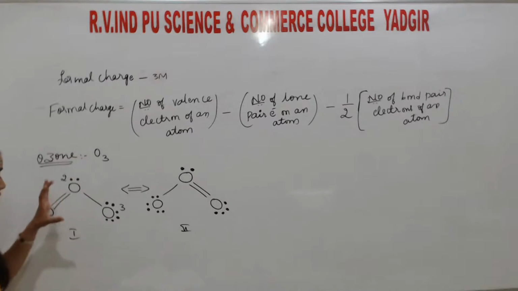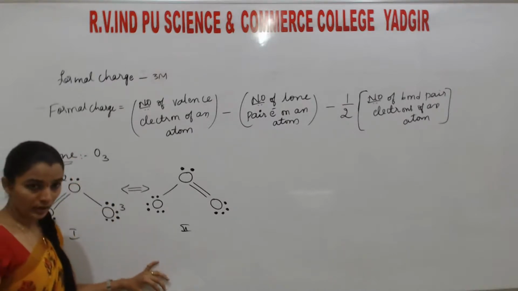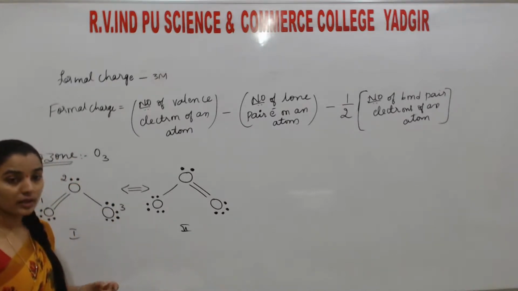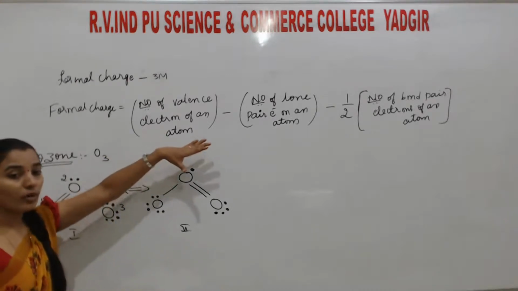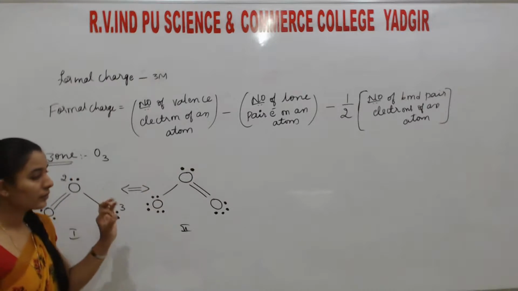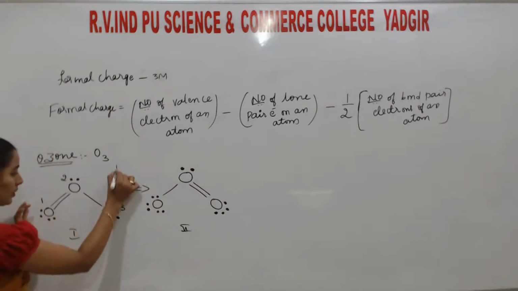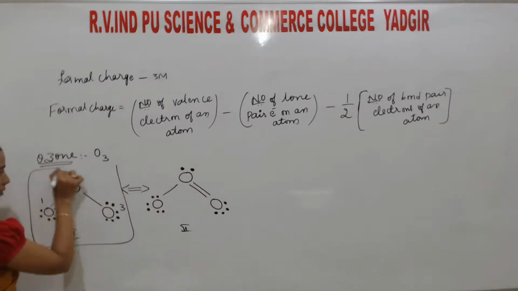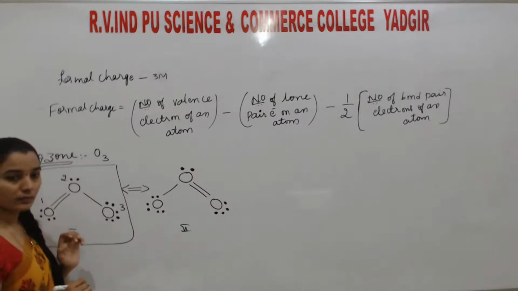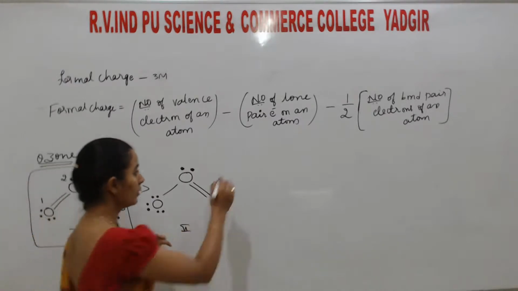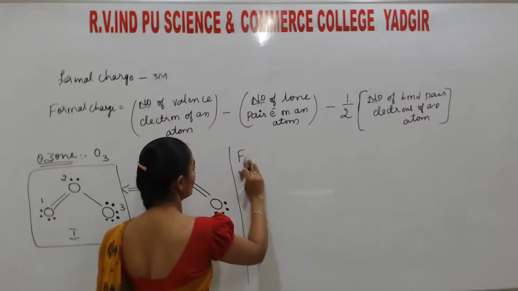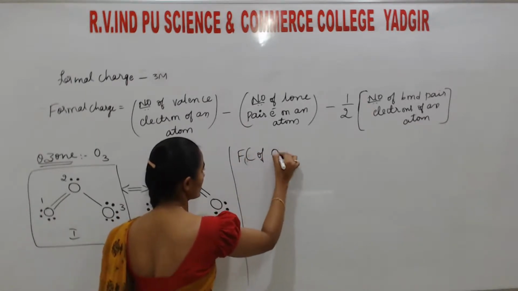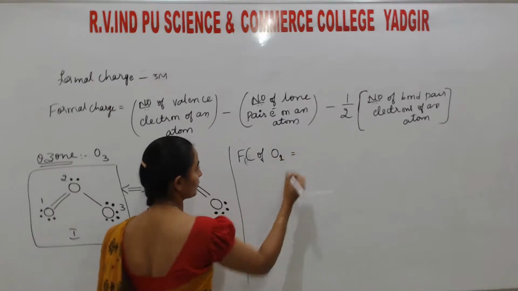Remember. So if the atoms are like this, then we need to assign a formal charge for them. This is the formula for formal charge. So I consider this one molecule. Okay. So here formal charge of oxygen 1 atom.